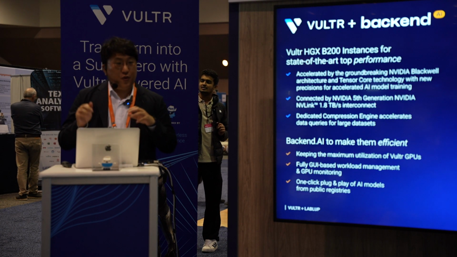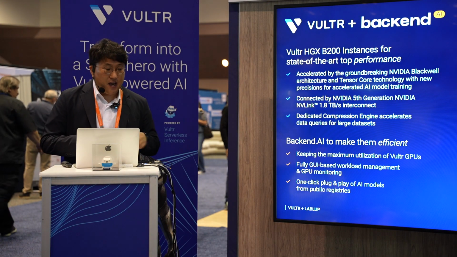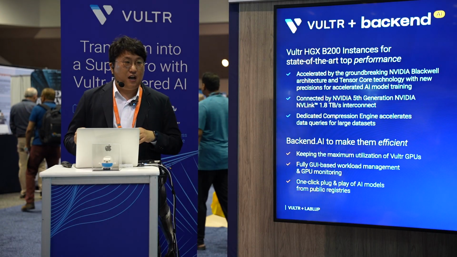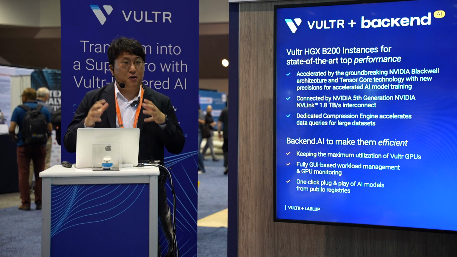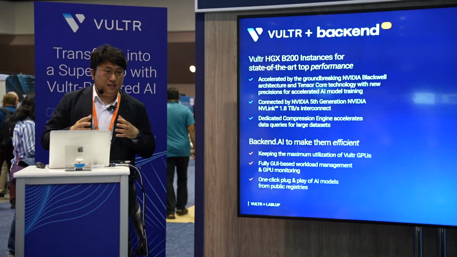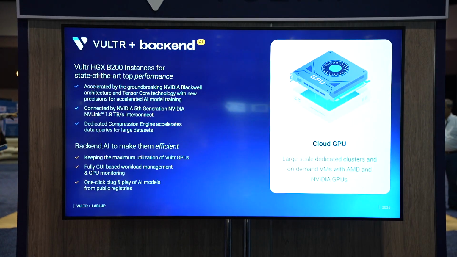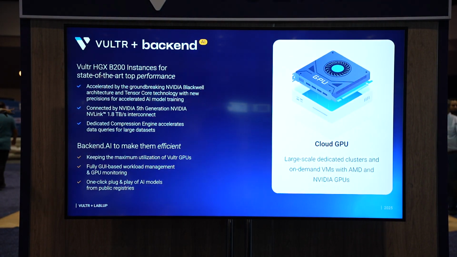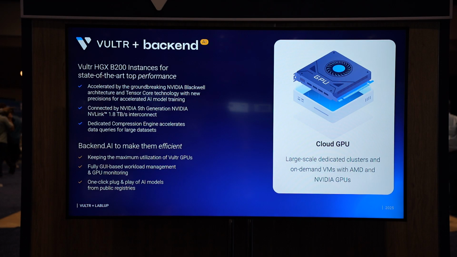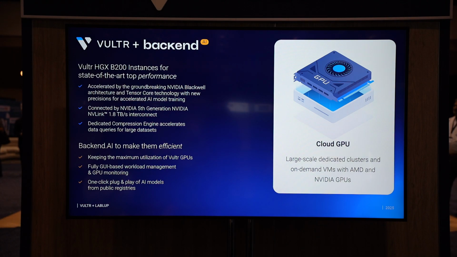So that's where we come with Vultr and Backend.AI. Vultr provides wide presence in the global scale with very cost-efficient bare metal performance instances all over the world, with all the latest NVIDIA GPUs as well as many lower grade GPUs as well. So with these advantages of a virtual cloud, we combined our Backend.AI solution to leverage the power of the cloud.